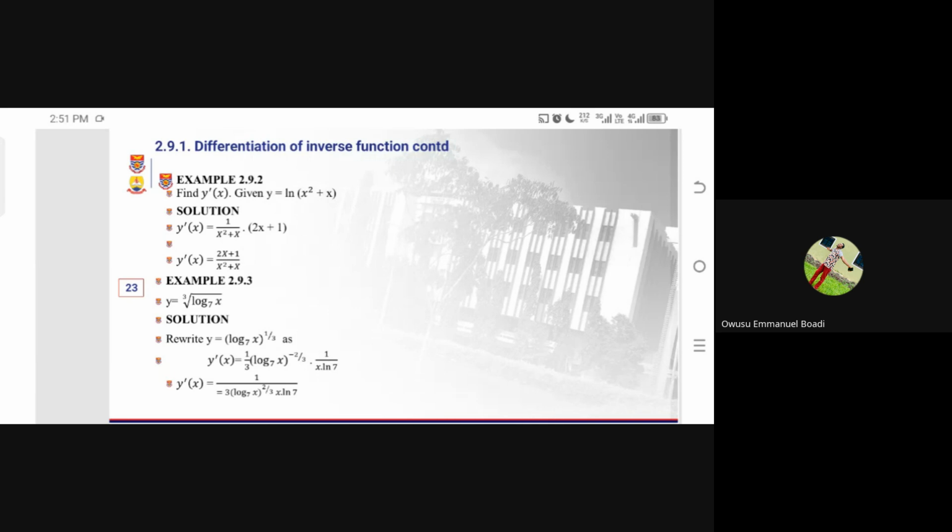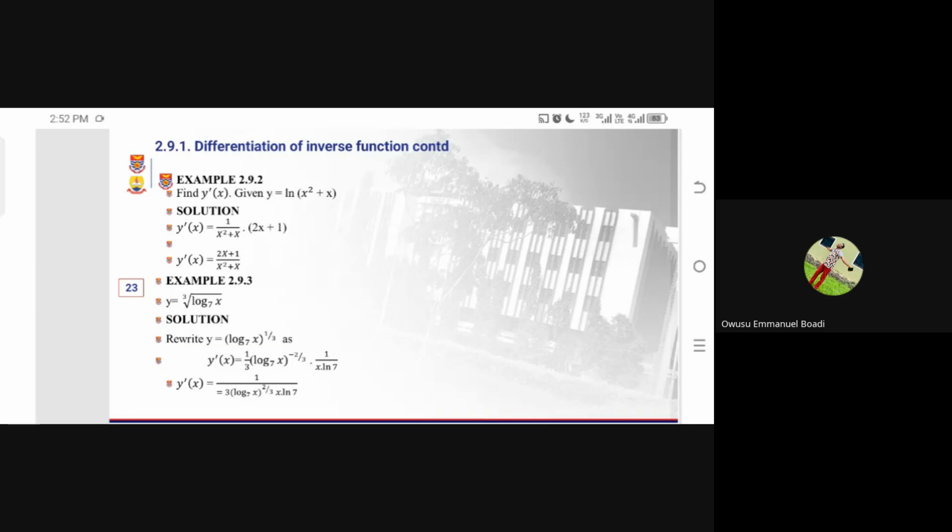The next one we want to look at is the log part. So we have y is equal to the cube root of log x base 7. This one you rewrite as log x base 7 all to the power 1 over 3. When you differentiate this, 1 over 3 comes down, you maintain the log function, the exponent reduces by 1 to be negative 2 over 3, times the derivative of what is inside, which gives you 1 over x ln 7.